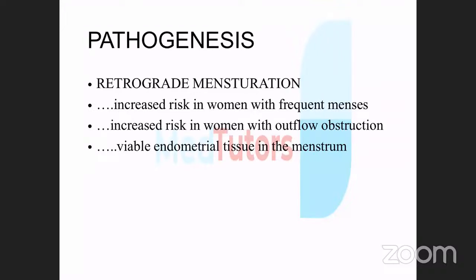The risk is due to accumulation of the menstruum and its reflux through the tubes into the pelvic cavity, and also because viable endometrial tissue is still found within the menstrual blood, which means the endometrial tissue in the menstrual blood is still viable enough to implant and grow in other sites. Next slide.